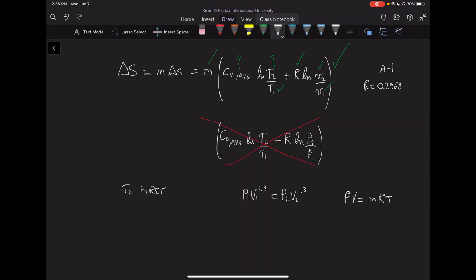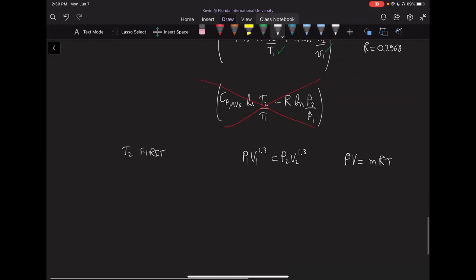We had already summarized these relations for polytropic processes in an earlier module, so I'm not going to go through the derivation once again, but just by rearranging these equations, you have T2 over T1 is equal to V1 over V2 to the power of n minus 1.